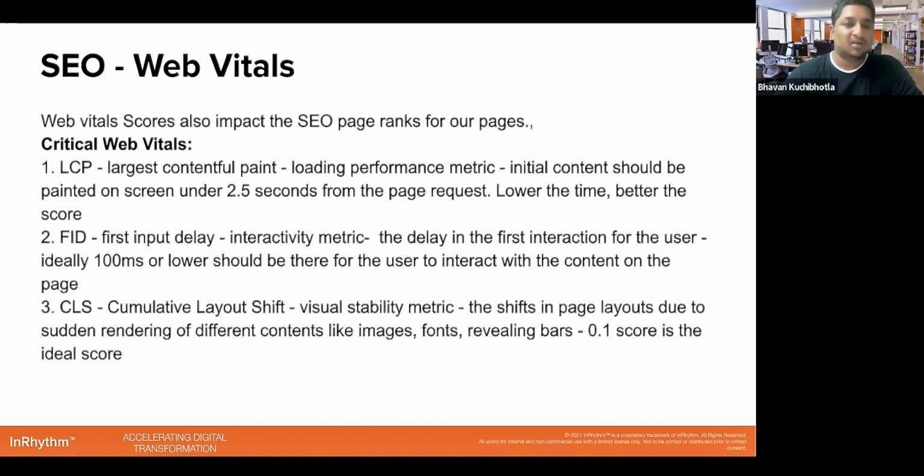It is a metric for calculating loading performance, and Google ideally suggests that your initial request and initial content painting on the screen should not take more than 2.5 seconds. If it's under 2.5 seconds, it'll give you a good score. If it's more than that, there are thresholds for good, average, and bad. The lower the time, the better the score.